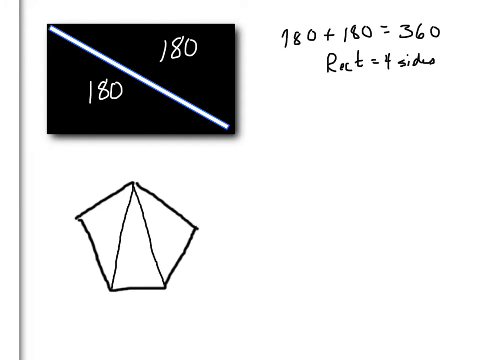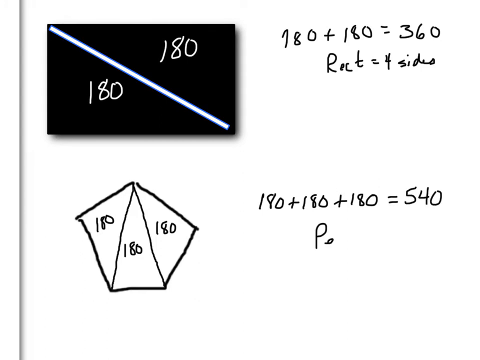So in this pentagon, how many triangles do you see? In this case, you see 3 triangles. So I know this is 180, and this is 180, and this is 180. Well, if I add 180 3 times, I end up with 540.